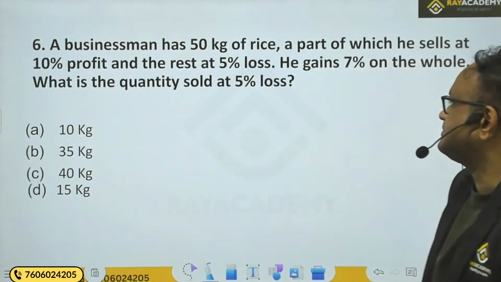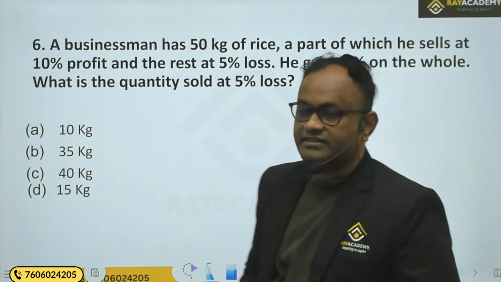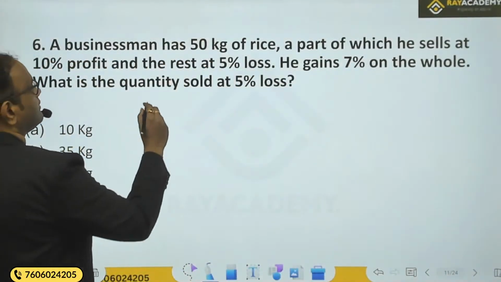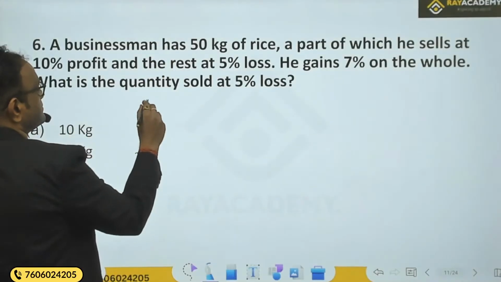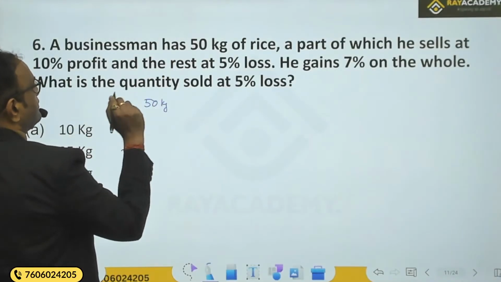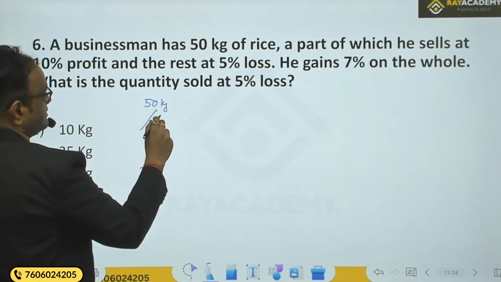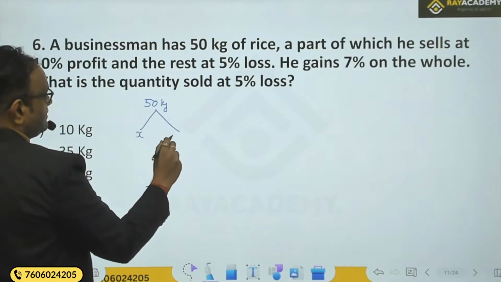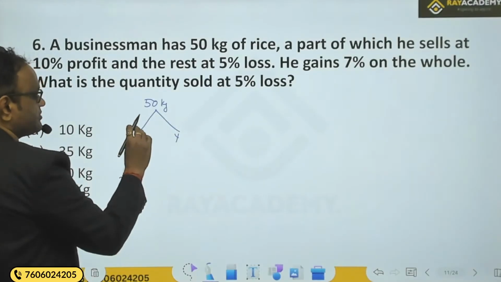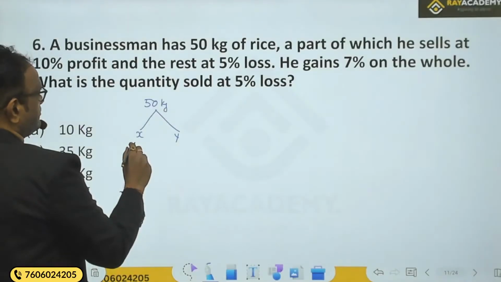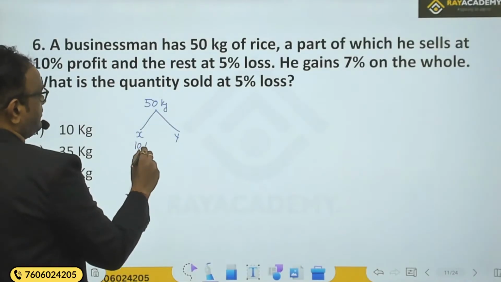Okay, let us see. First, let us draw what is given and what needs to be found. 50 kg is the total rice, a part of which, suppose this is x and this is y. I don't know how much quantity the first part is, and the first part he is selling at a profit of 10%.